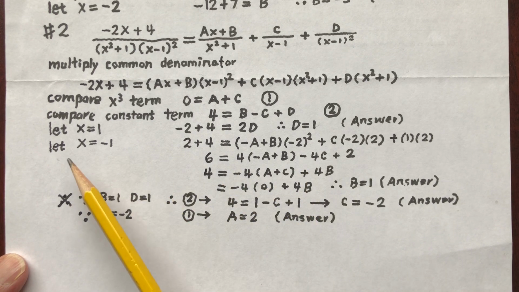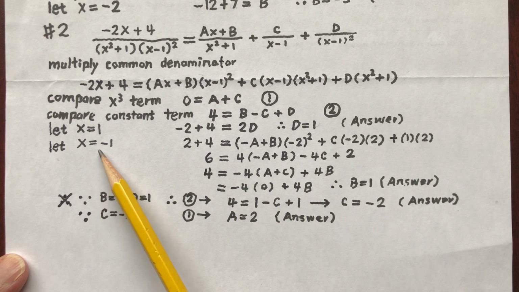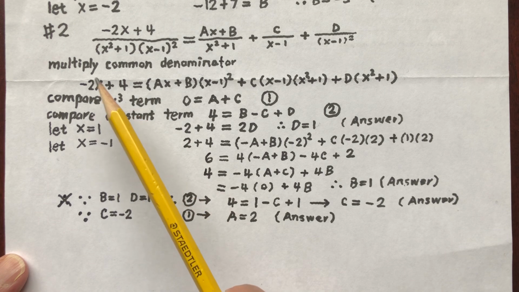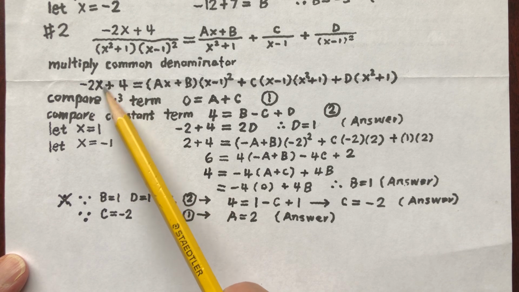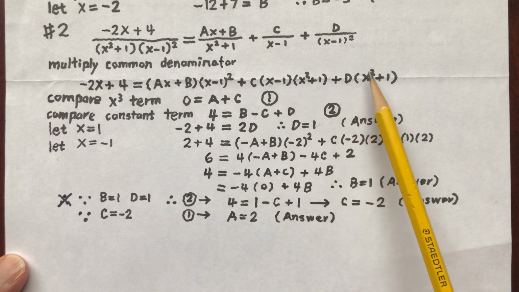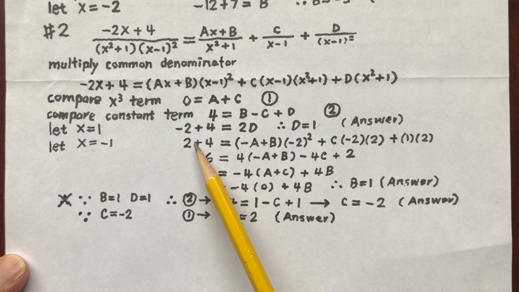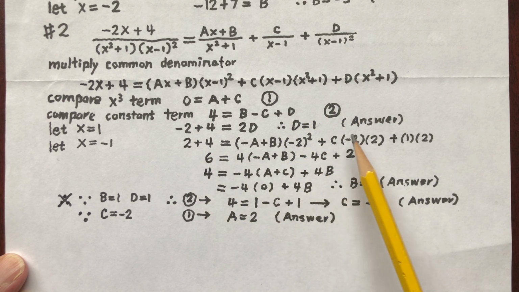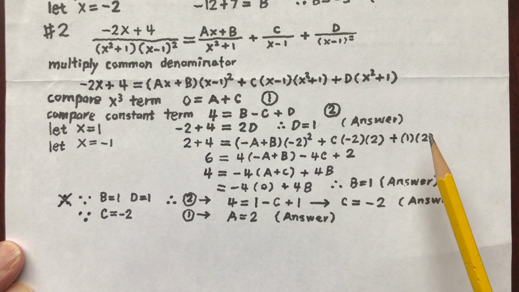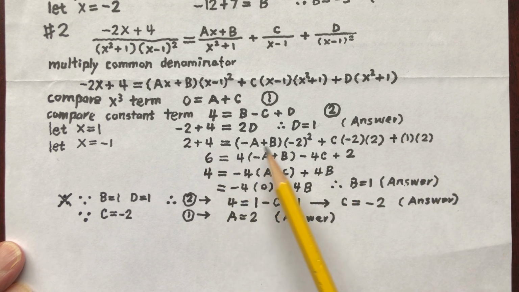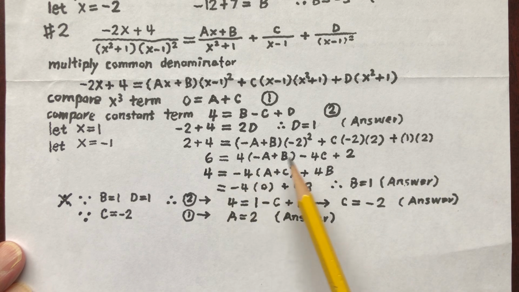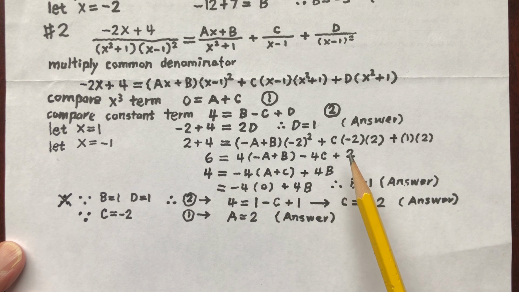Next, let x be negative 1. Similarly, put negative 1 into x, then I have this. It's a little bit long on the right-hand side. We simplify the right-hand side, I get this expression.